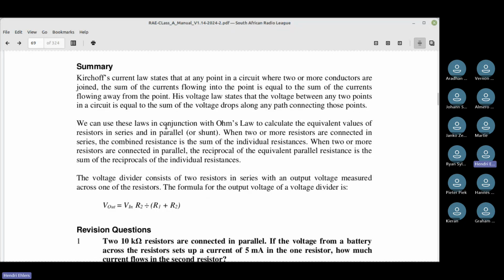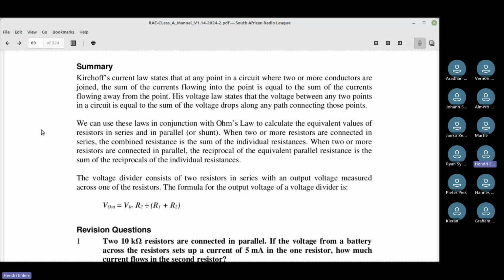We can use these laws in conjunction with Ohm's law to calculate the equivalent values of resistors in series and parallel or shunt. That's what I said. When two or more resistors are connected in series, the combined resistance is the sum of the individual resistances, which is correct, yes.